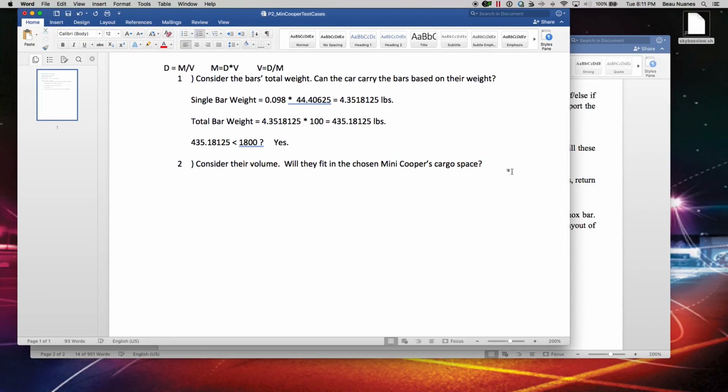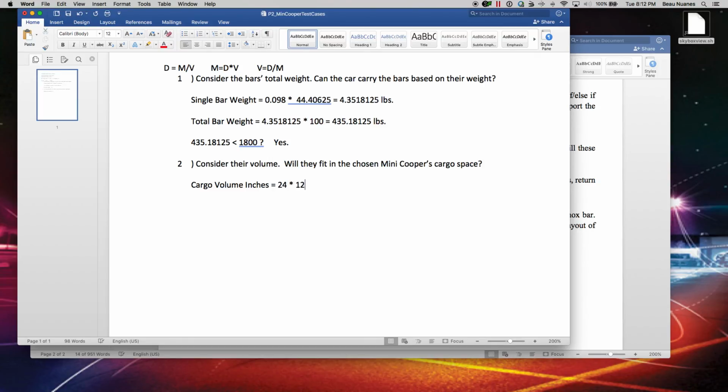In order to do that, we need to start looking at volume, right? So what's the cargo volume in inches? We have the cargo volume given to us as 24 feet cubed, right?